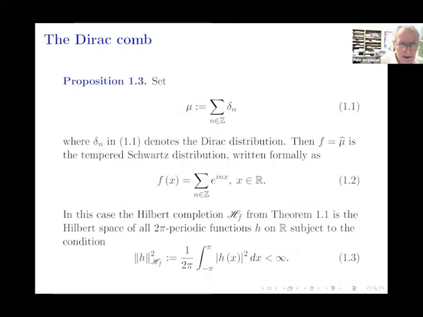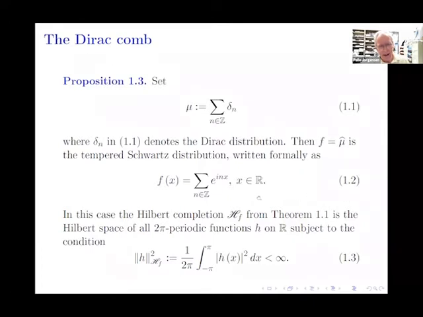So the next one here is from kindergarten. In kindergarten, you learn the Dirac comb and the Fourier transform like this. The Dirac comb is just a Dirac function localized on the integers as a subset of the real line. And we know from Laurent Schwartz that we can happily Fourier transform, and then we get a positive definite tempered distribution, and that's 1.2 here.